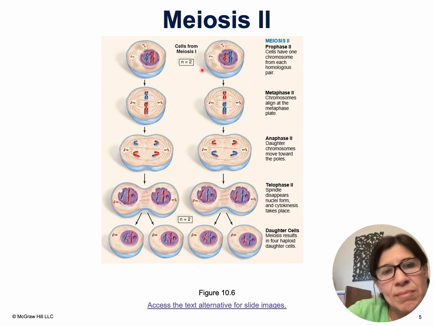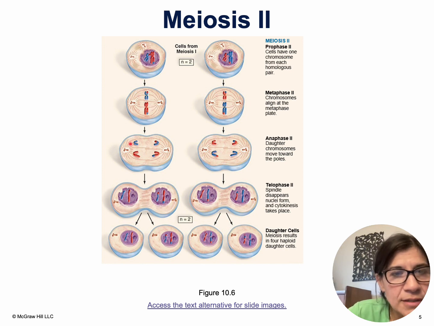So meiosis 2, I'm not going to spend a bunch of time on, but we start, look up here, with 2 cells, right? And then from there, prophase, they condense, right? They become visible. Metaphase, they line up along the metaphase plate. And now the point of meiosis 2 is just to separate those sister chromatids, just as in mitosis, because these chromosomes are duplicated. And at the end, we don't need the chromosomes to be duplicated.